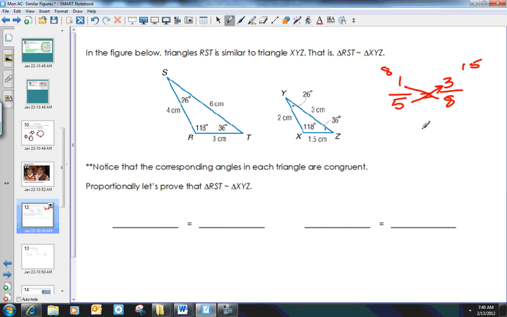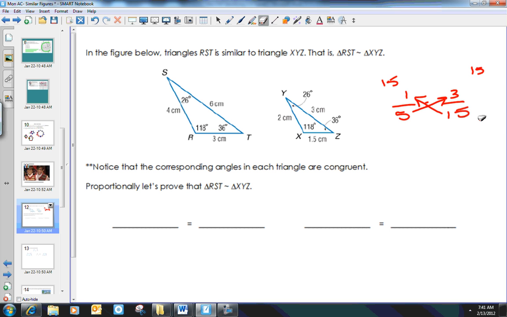These are not proportional because their cross multiplying does not come out equal. However, if we had something like 1/5 and 3/15, when we cross multiply, we get 15 for both sides. So this is a proportional figure.